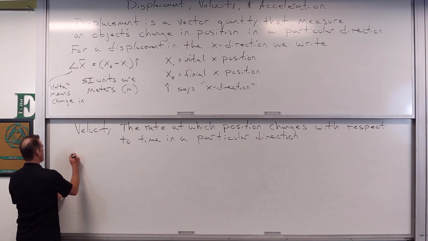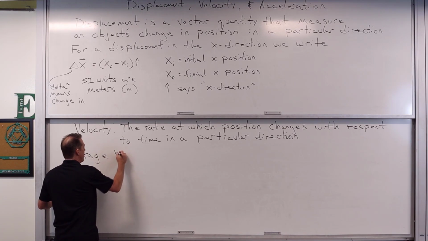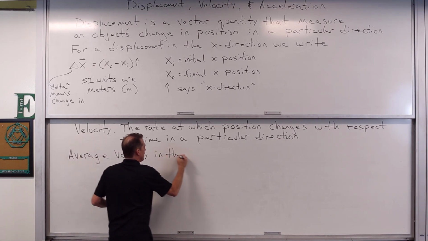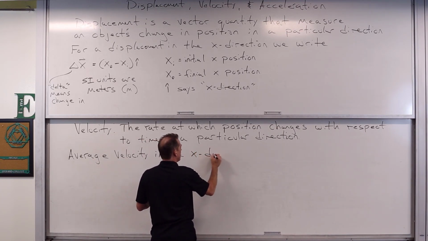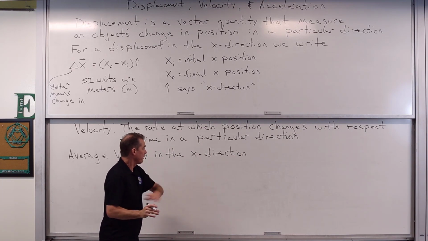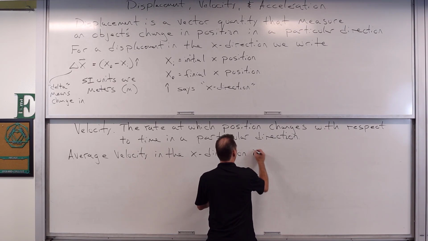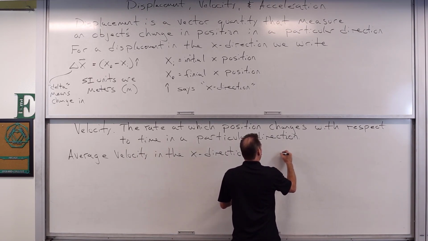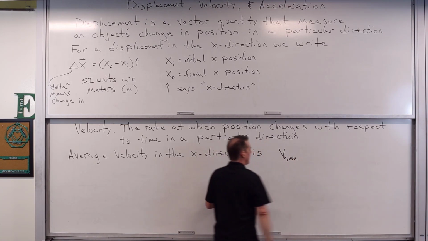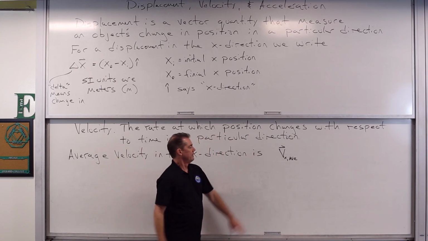So let us do this. Average velocity in the x direction. Again, just sticking with one dimension for right now, that dimension being the x dimension, is v sub x average hat.